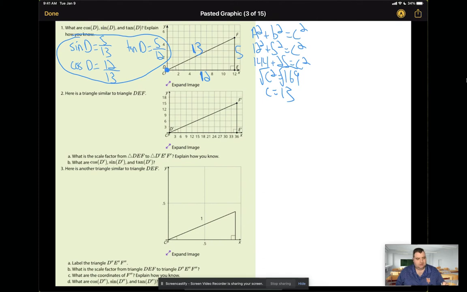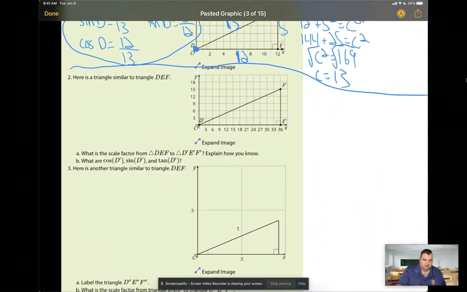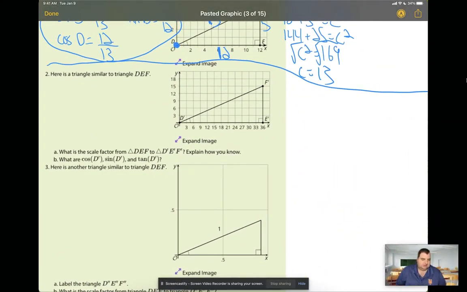Okay. Number 2. Here's a triangle similar to triangle DEF. What is the scale factor from DEF to D prime, E prime, F prime? So to do that, let's again figure out the side lengths of the triangle. My horizontal side here has a side length of, looks like, 36.